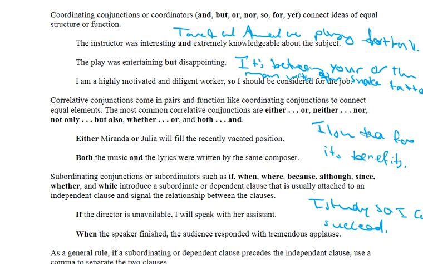Yet: I'm a musician, yet not a good pianist, meaning I don't know how to play the piano properly.